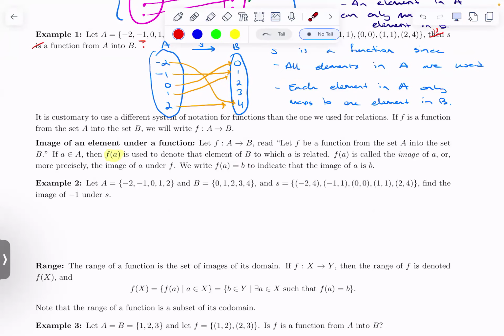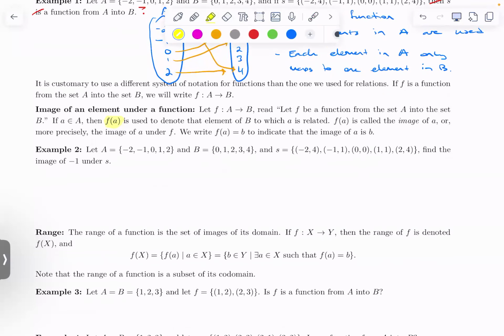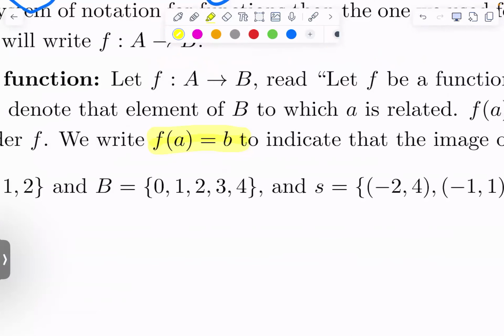So f(a) is called an image of a, or the image of a under f, if you want to be really picky about it. Usually we just say f(a) and it's implied that f is a function and a maps through f onto B.